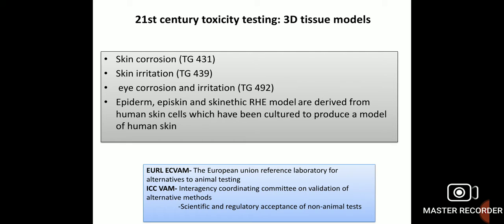They work on the scientific and regulatory acceptance of non-animal tests. If you have any idea of developing a model, you can take help from them, and they can give you a brief or help you in designing new alternatives in place of animal tests.